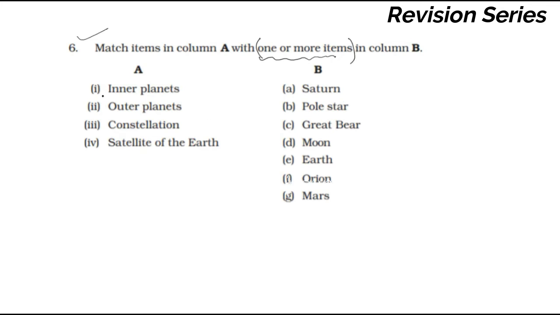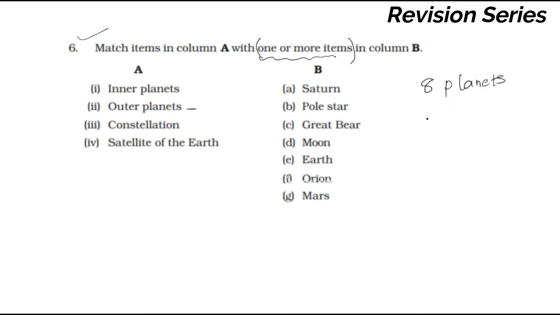Right? So to start with, we'll go ahead now with the first one, inner planets. Right? And what are inner planets? Now it is followed by outer planets here. What are inner planets and outer planets? Now we have 8 planets, right? So out of 8 planets, some are inner planets.